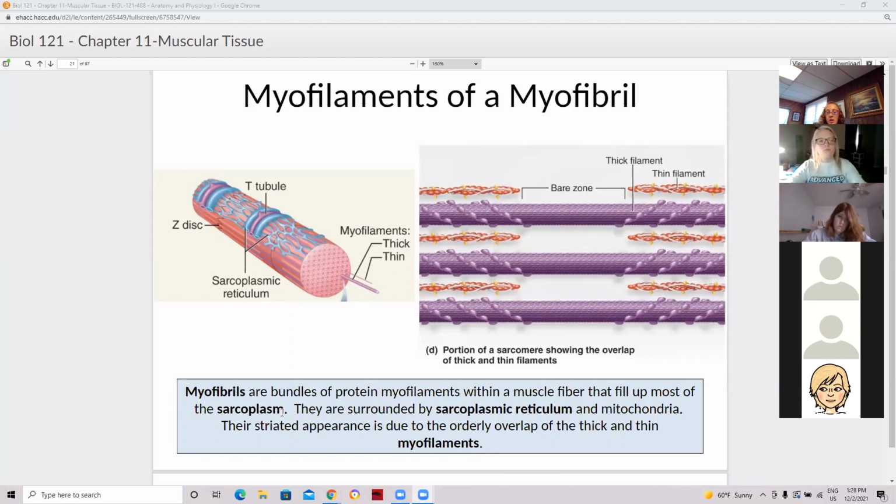They are surrounded by sarcoplasmic reticulum and mitochondria. Their striated appearance is due to the orderly overlap of thick and thin filaments. Here are your thick filaments, here are your thin filaments.